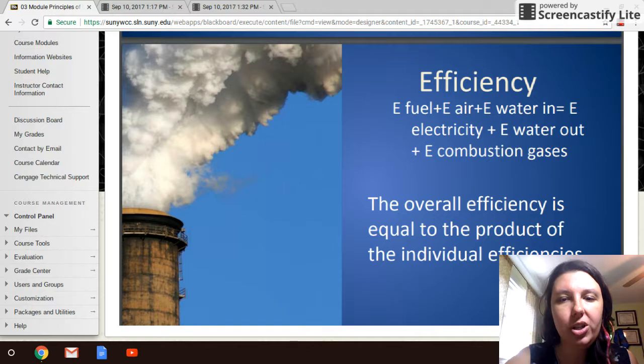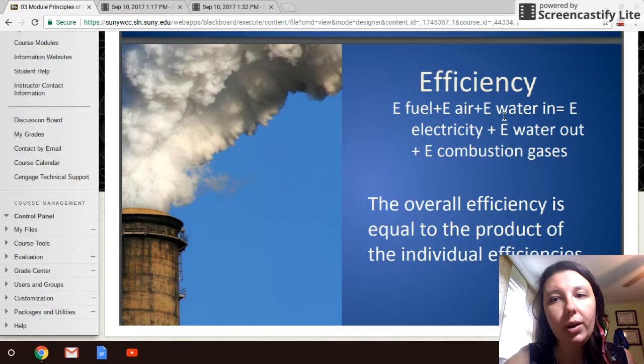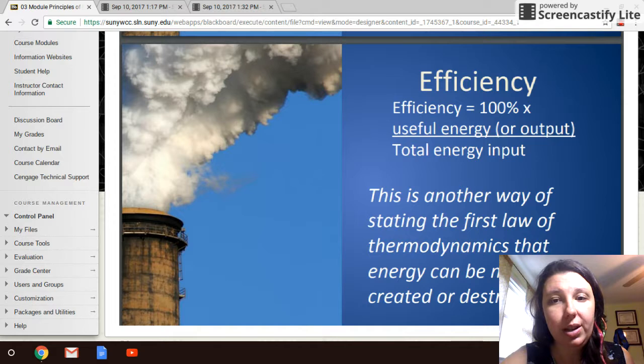So efficiency is the total of all fuel, air, water in the system equal to all the electricity, water, and combustion gases that come out. And that creates our overall efficiency within the product. The way we would do the equation is efficiency is equal to 100% times all useful energy divided by all of the input energy that we put into the system.